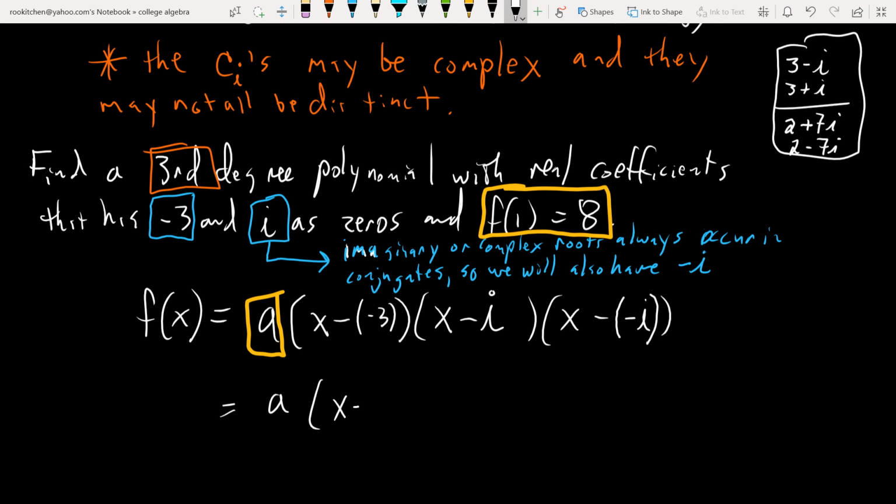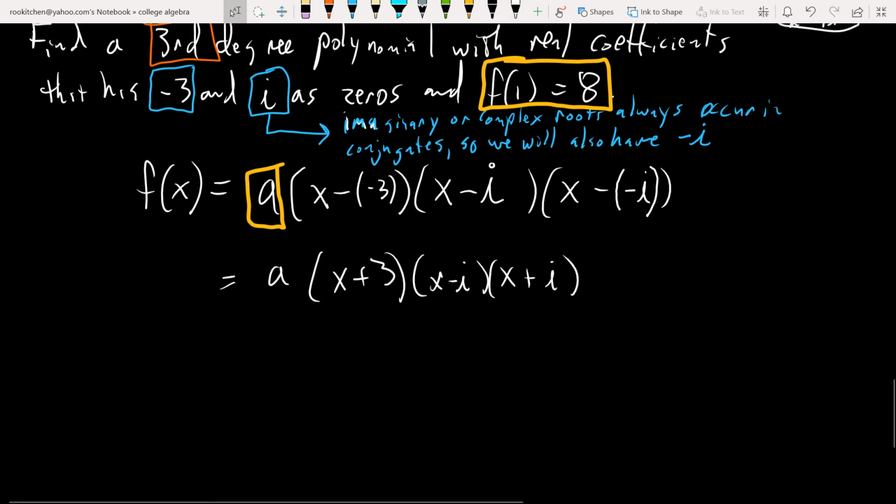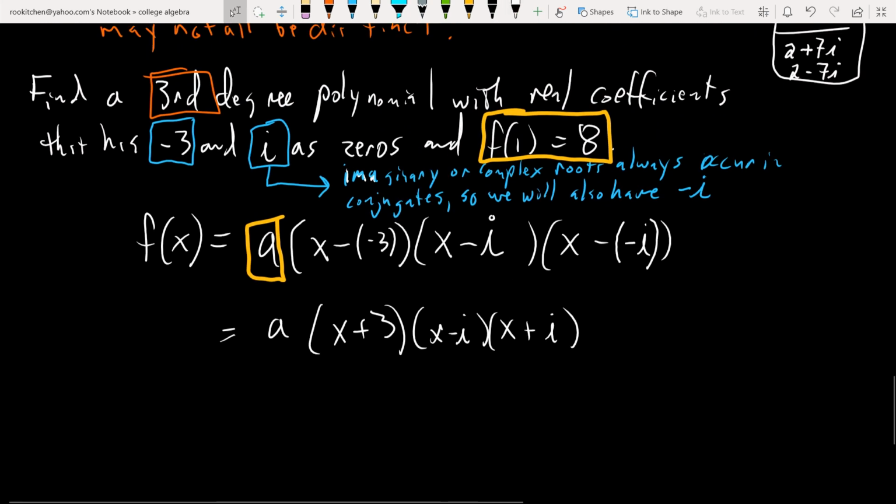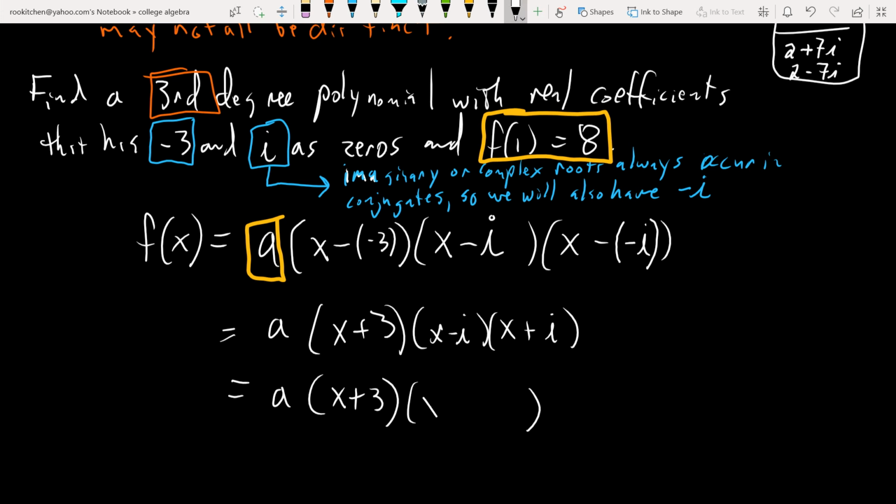So I have x plus 3 times x minus i times x plus i. I'm going to FOIL. So I have x plus 3, and because these are conjugates, the middle term will cancel out. You'll have x squared minus i squared.